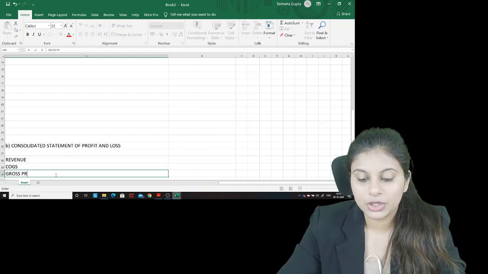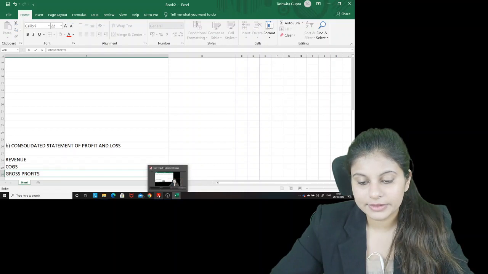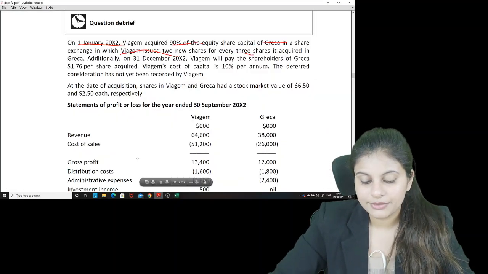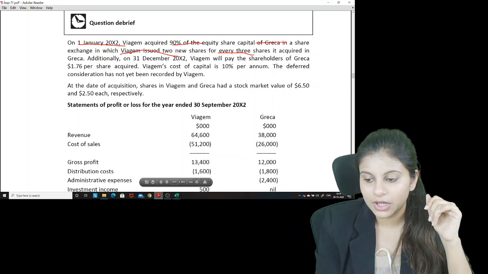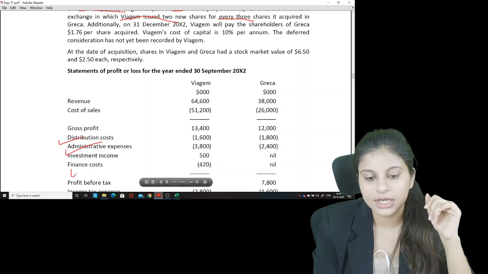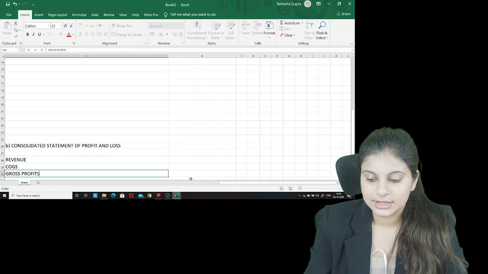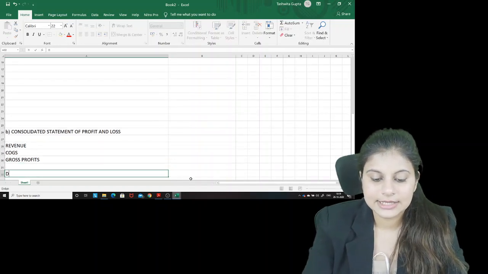Then let's see what all items are there except this in our question. So in question we have the distribution cost after the gross profit, distribution cost, administrative expenses, finance cost, and then investment income.